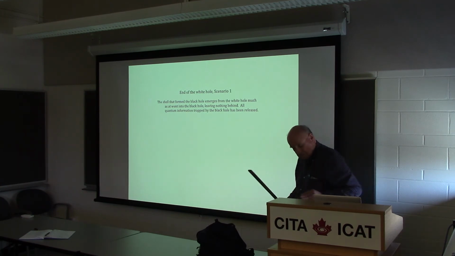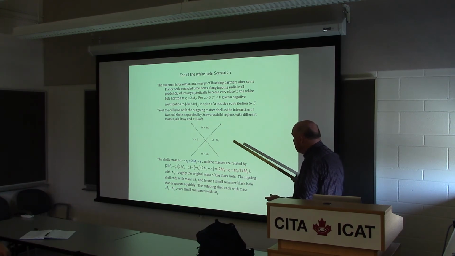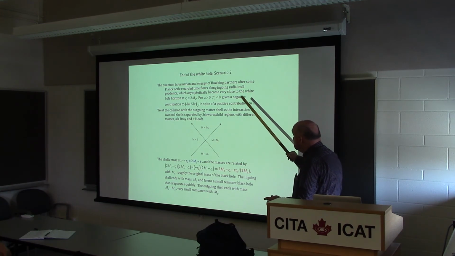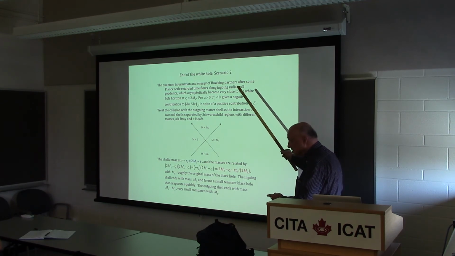Okay, now scenario 2, things are more complicated. So we said the Hawking partners and the quantum information are trapped inside the white hole. And the only way I can do that is to be going along ingoing radial geodesics.